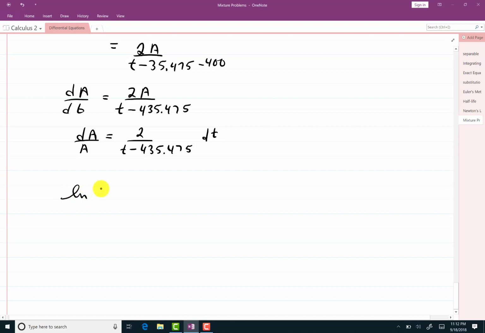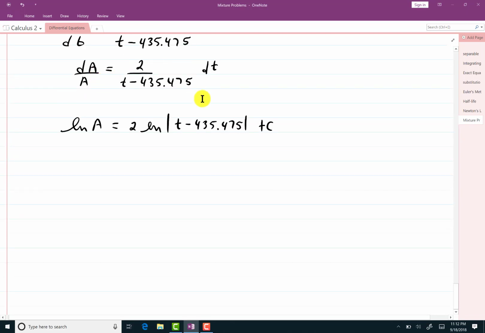Now the amount's never going to be negative or 0, so we'll put ln of A, I don't need absolute values. 2, and since T is greater than or equal to this number here, I'll put ln, I guess I can throw the absolute value in there, of T minus 435.475, plus a constant.